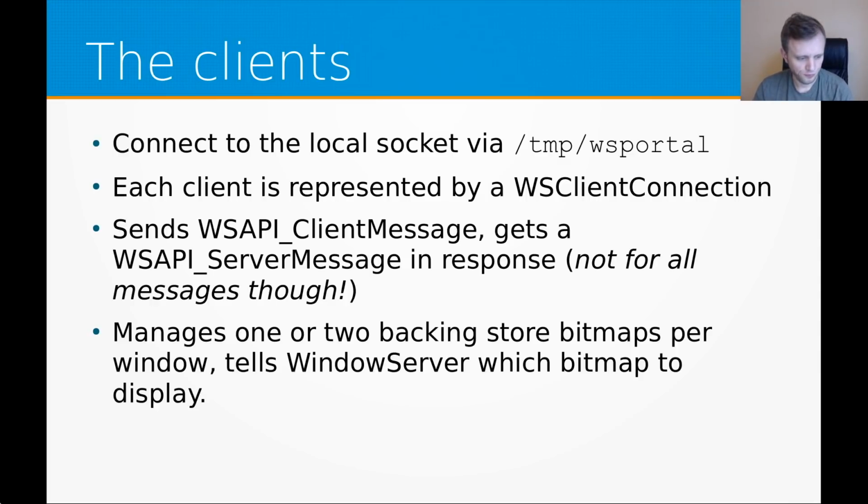Basically, it works much like the Windows server works with regards to the display frame buffer: the clients create 2 bitmaps and put them in shared memory, and then you're always drawing into one while another one is visible on screen. When you're finished drawing, you just tell the Windows server, hey, switch bitmaps. And then the Windows server switches bitmaps and does its own double buffering to the screen.